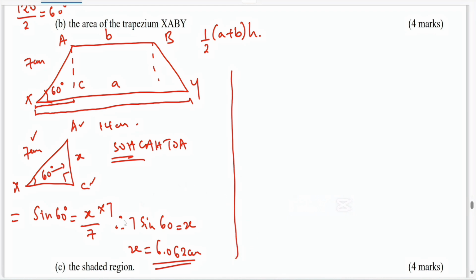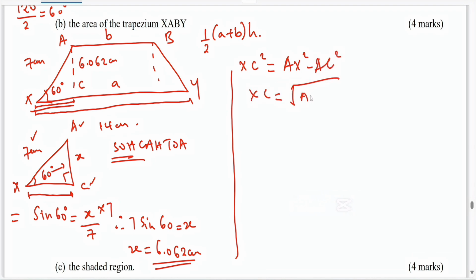Another aspect is we have already got our height. So you know our height is 6.062. But let's find for XC. To get that XC, XC squared is equal to AX squared minus AC squared. So XC is just equal to the square root of AX squared minus AC squared.